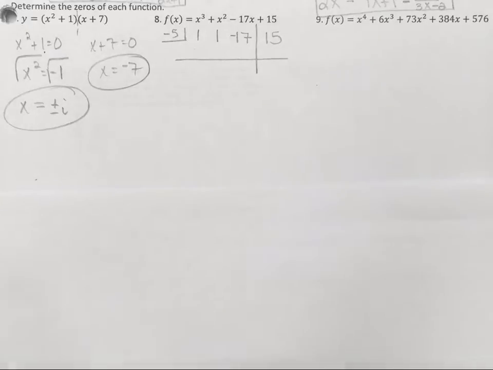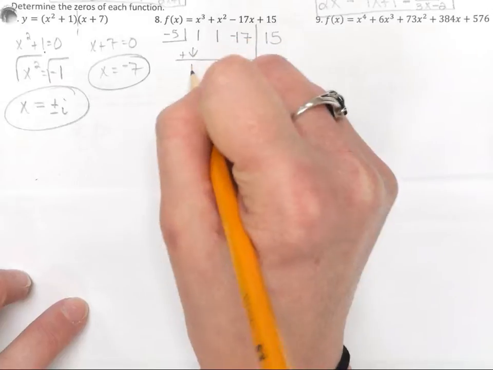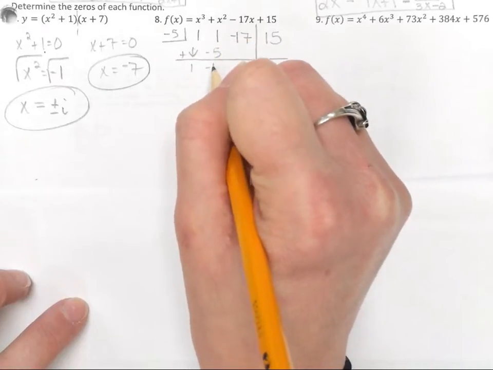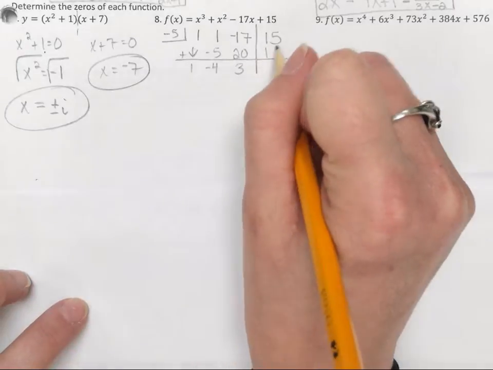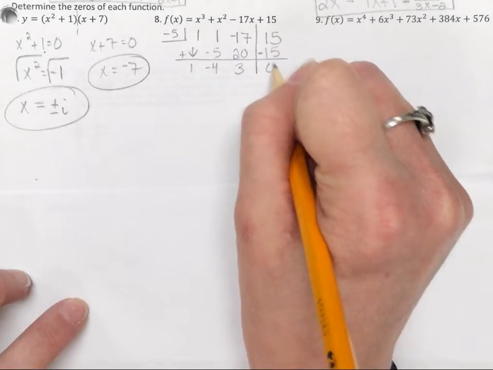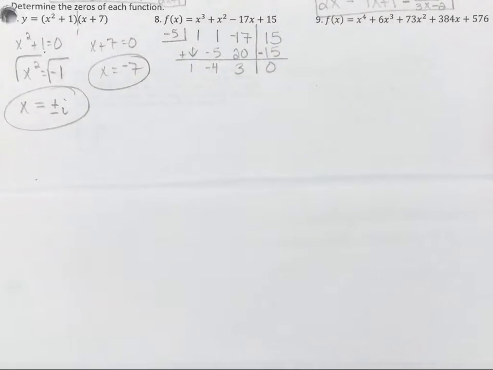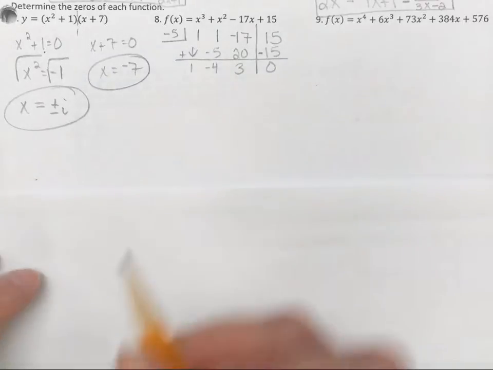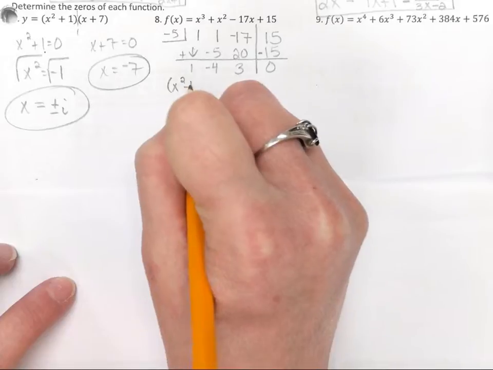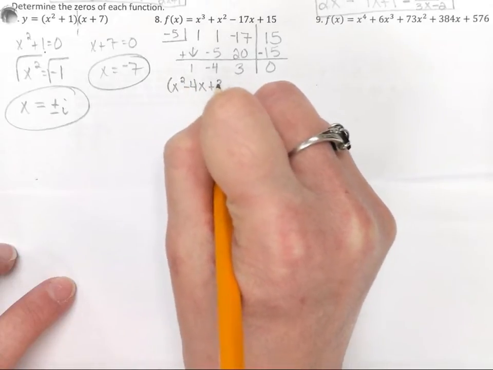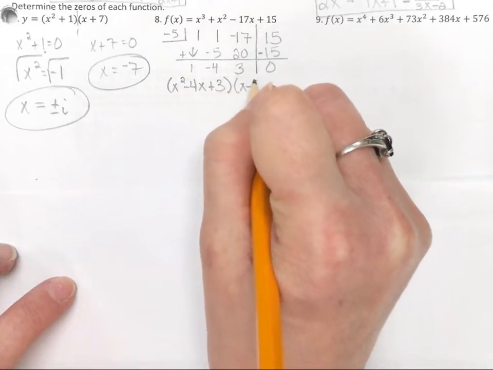All right, so let's do this real quick. Bring it down, multiply, bring it down, multiply, bring it down, multiply. And remember when you did these, you were always supposed to get 0 as a remainder, right? So we know we have x squared minus 4x plus 3.